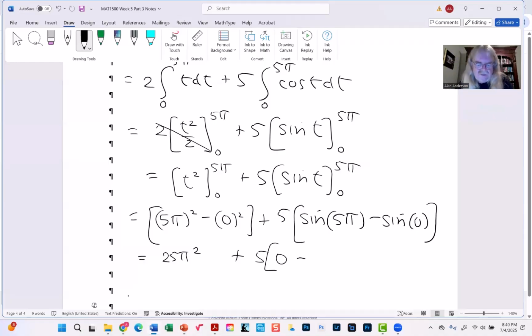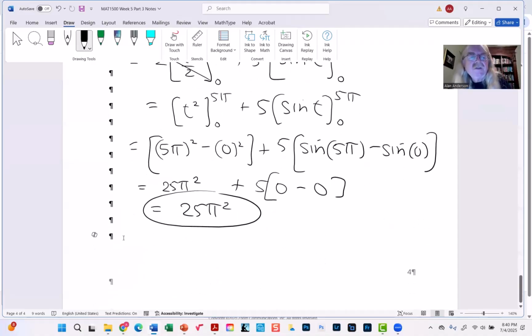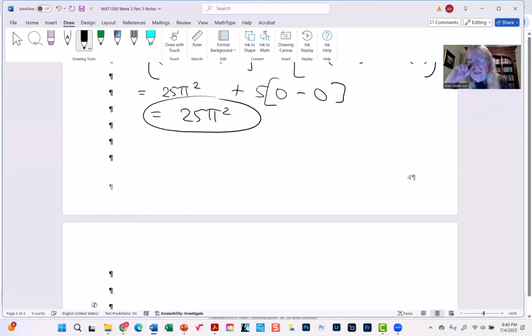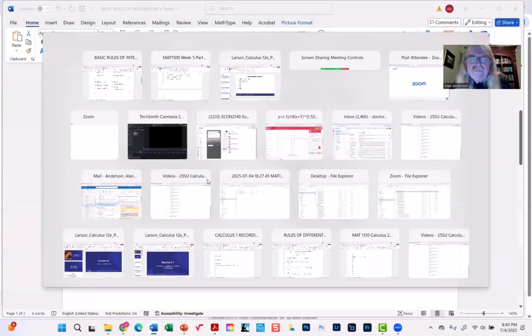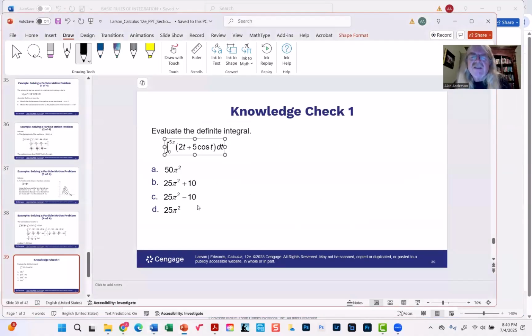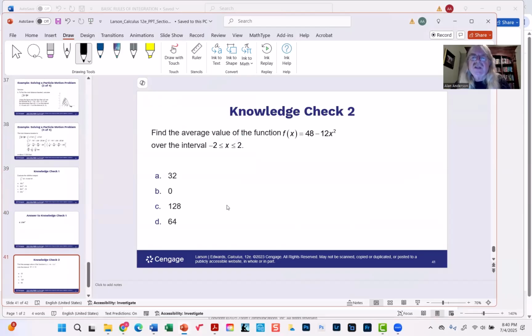The sine of 0 is 0. All right, so you can see everything dropped out except for this 25 pi squared. Great. So that's our answer, and that would be letter D. Beautiful. All right, so here's the knowledge check, number 2.